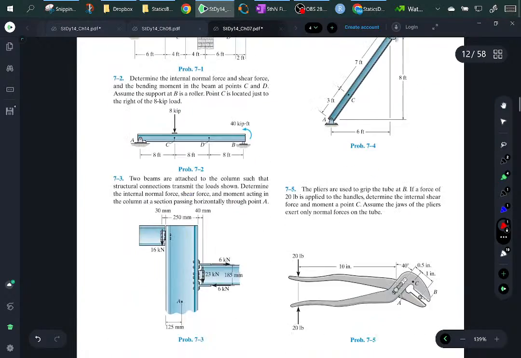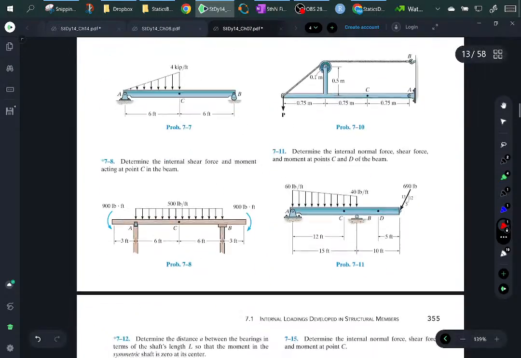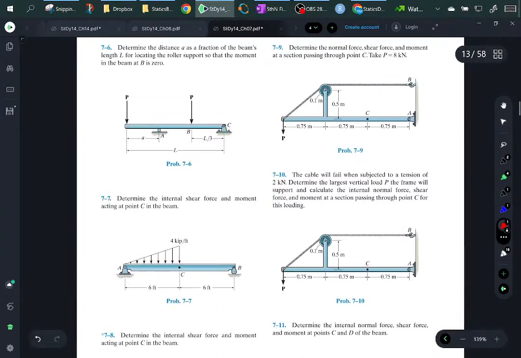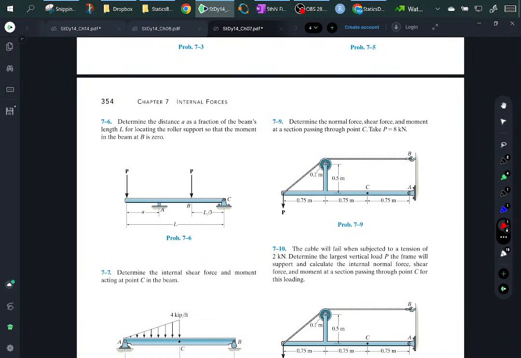All right. So let's see. We can pick up a problem if we will. Let's just pick up this one.